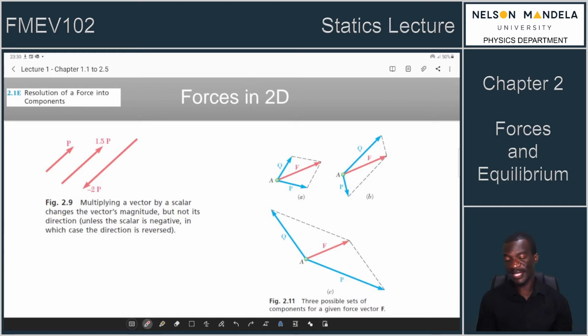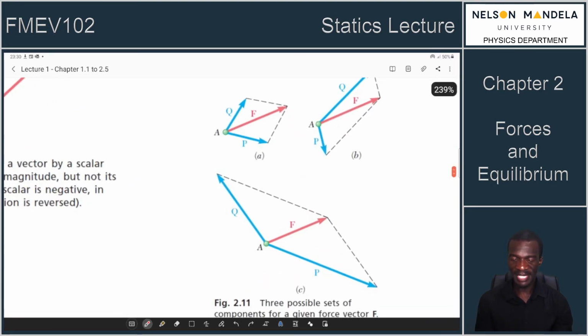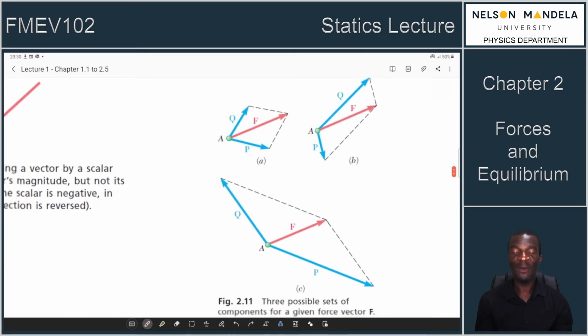So if you are resolving a force into components, you can do it in many directions. Figure 2.11 simply shows how one can draw one force in components. So someone can say, I've been given a force F. This force is acting on a point A of some object. You can construct a parallelogram by just drawing any 2 components of the force.